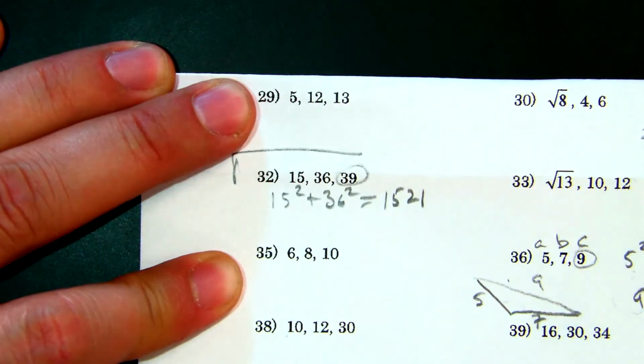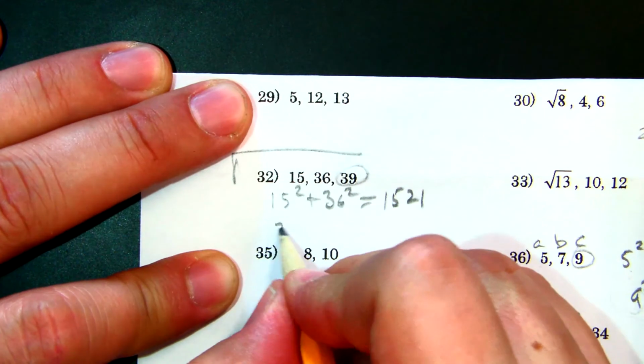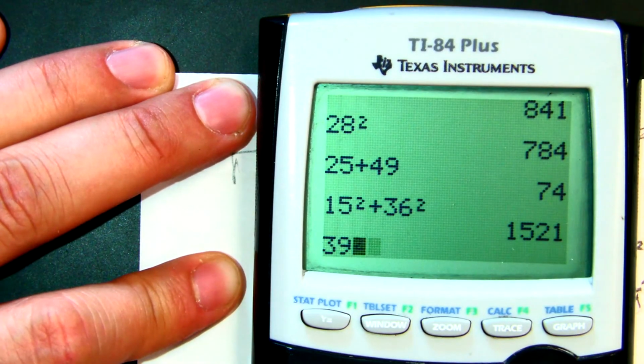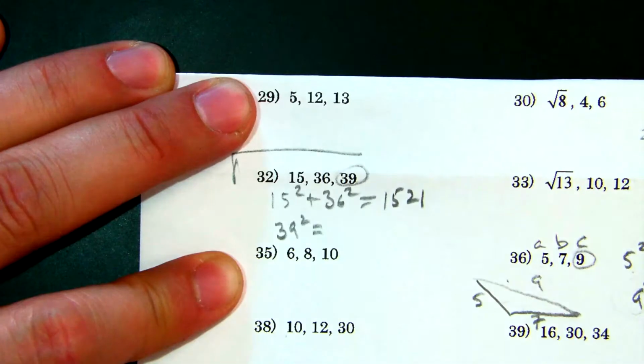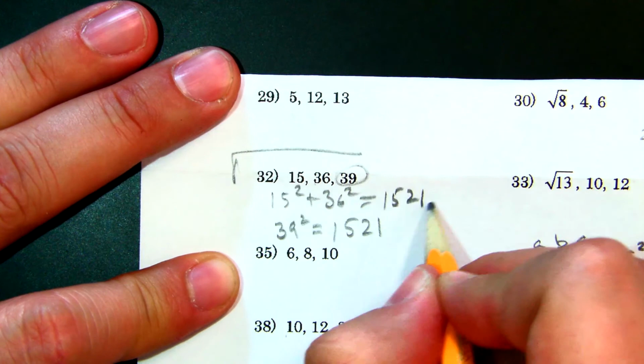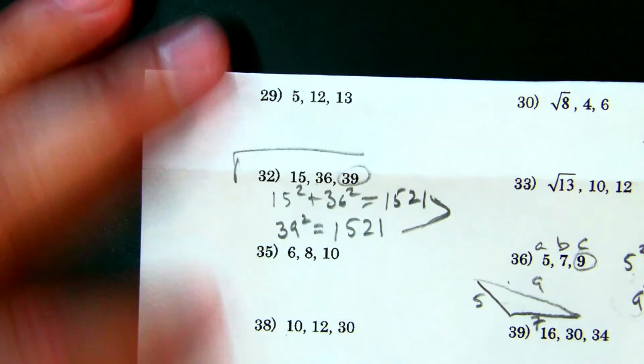Then we'll take 39 squared, and we get 1,521 again. So this one, 15, 36, 39, is a right triangle.